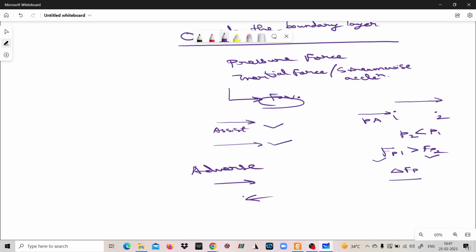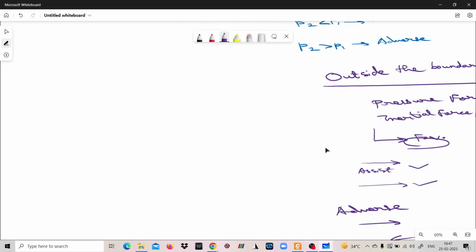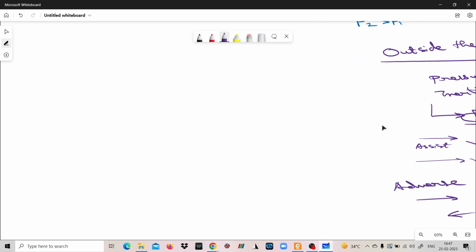Since we are discussing the flow outside the boundary layer, there is no case of separation of the boundary layer. So there are two possible cases: the pressure force is either along the streamwise flow direction, or opposite to it. But the important discussion comes when we do the same analysis inside the boundary layer.